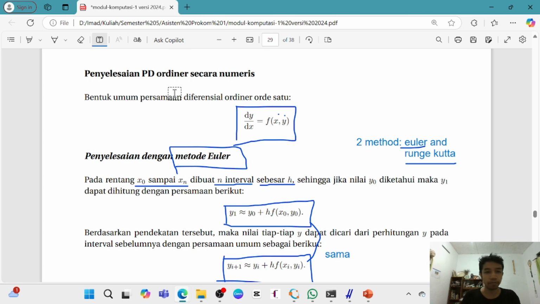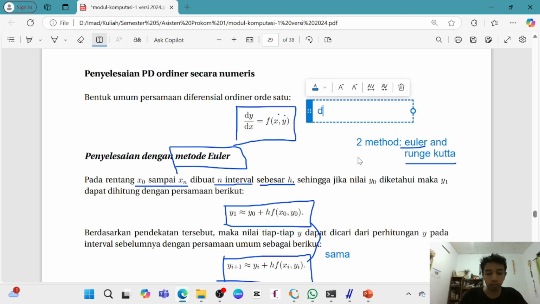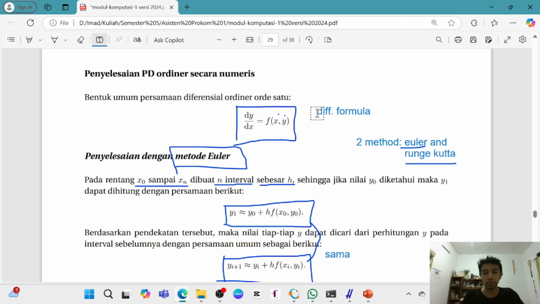This is the formula for differential, right? This is the differential formula, as you know.